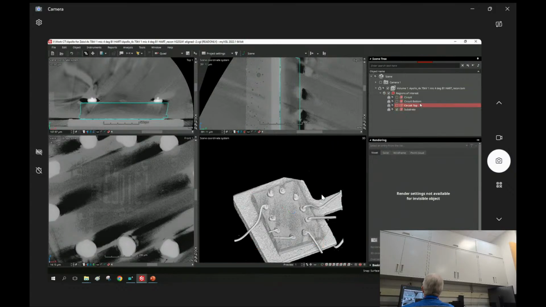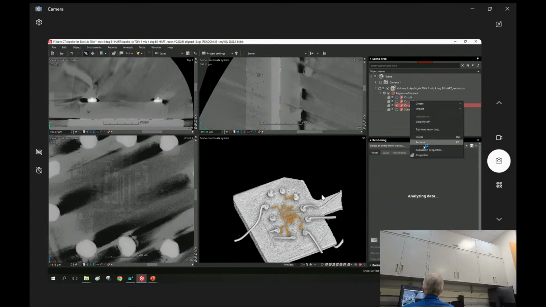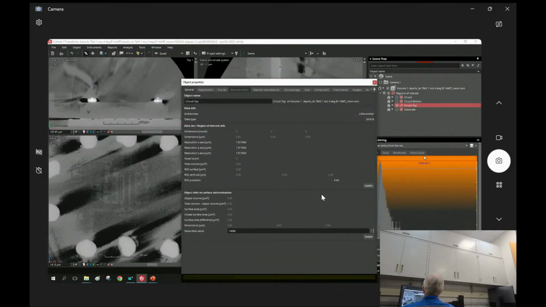Okay. Any of these regions that we have created, and let me just do this for example, I can right click and get properties. This is using a program called Volume Graphics, which is a very common industrial program for segmentation and analysis in 3D data sets.